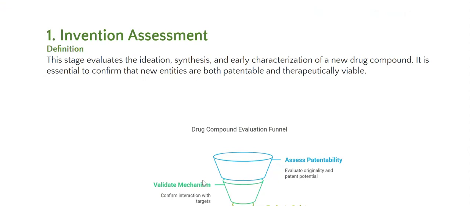Key points. We'll start with the invention assessment definition. This stage evaluates the ideation, synthesis, and early characterization of a new drug compound. It is essential to confirm that new entities are both patentable and therapeutically viable. And here is a diagram summarizing the drug compound evaluation funnel.